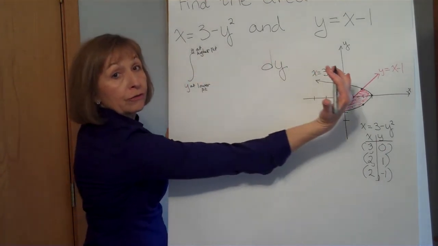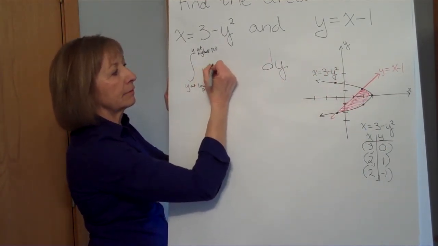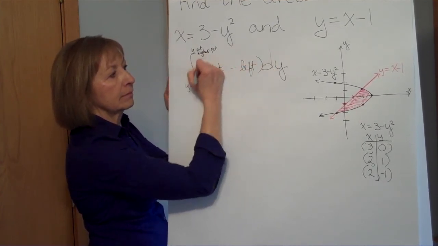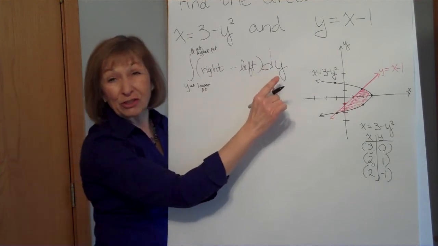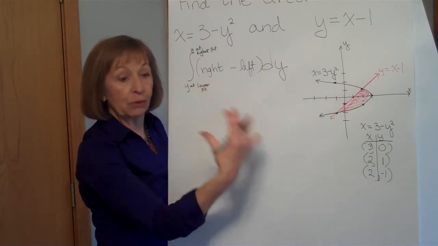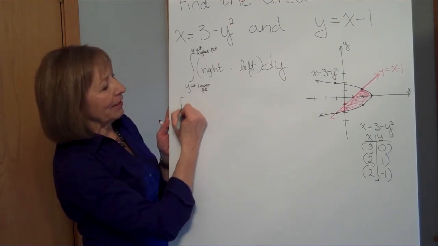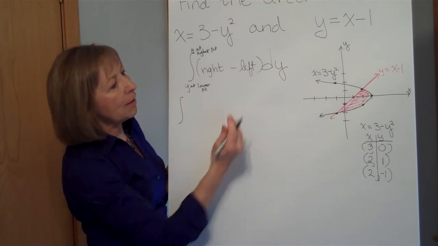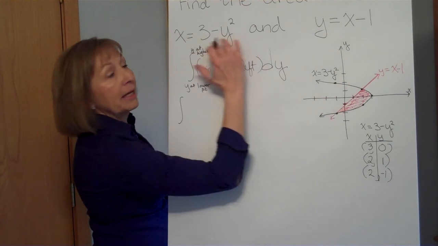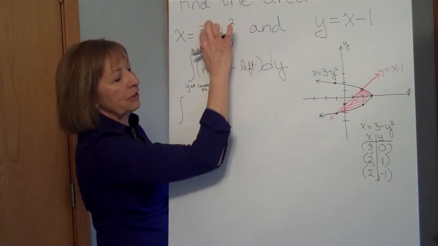And we're going to take our curves right minus left. And when I'm working with the differential dy, I have to have my equations x equal an expression in y's. So here, I have my integral. The right curve is my parabola, and x is on a side by itself, equal to an expression in y's.